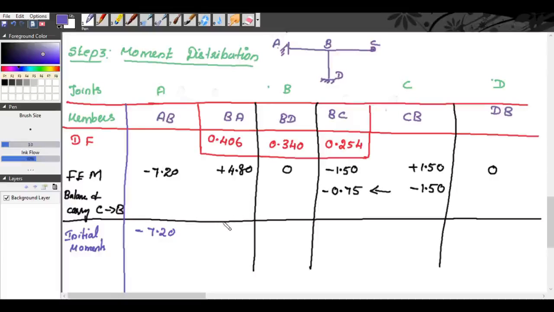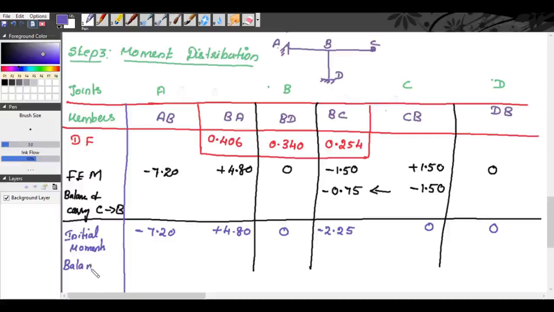Here our initial moment is plus 4.80. Initial moment is 0. Now, minus 1.5 minus 0.75, we get minus 2.25. Here it is 0 and 0.